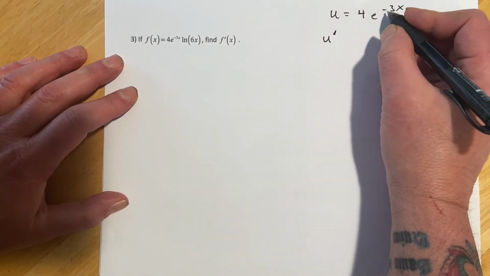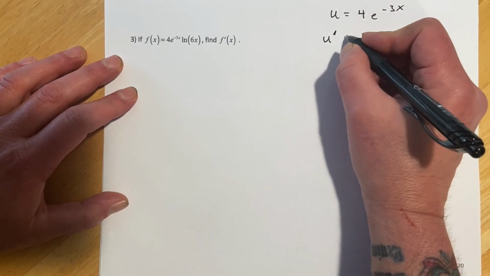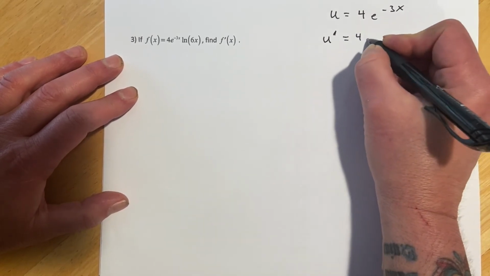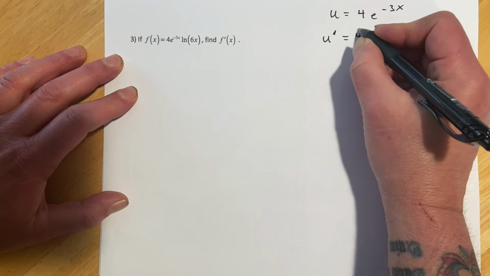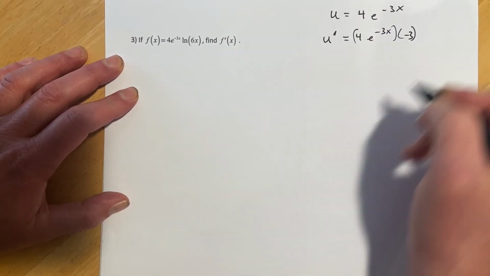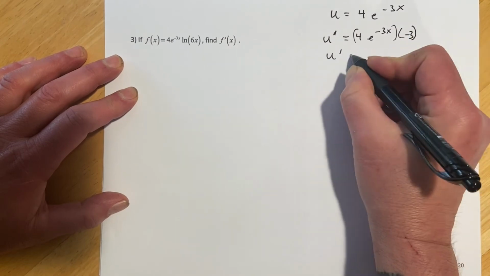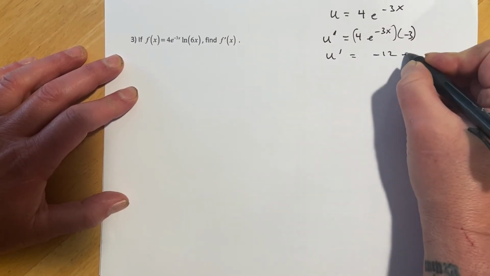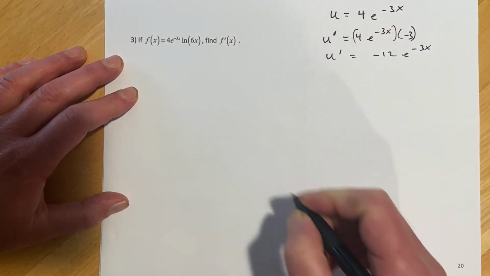So the derivative of the exponent will be a -3. And let me write it out. And then this is going to be times negative 3 for that derivative. So that means my u prime is going to be negative 12 and then e to the negative 3x.